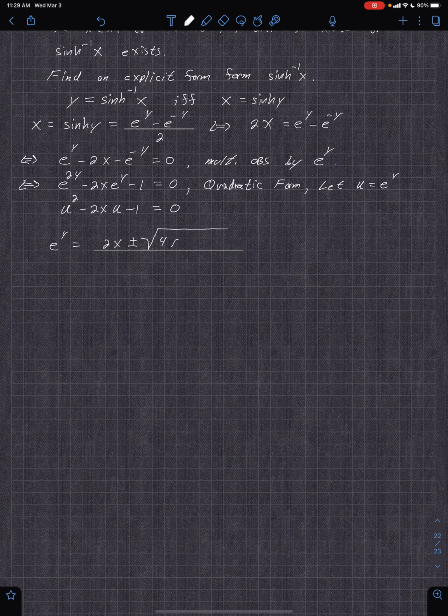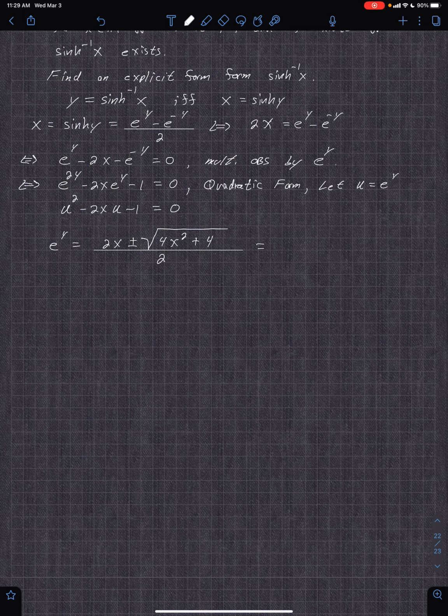So it's 4x squared, and this becomes a plus in the middle because of the 4ac, all over 2a, which is just 2.